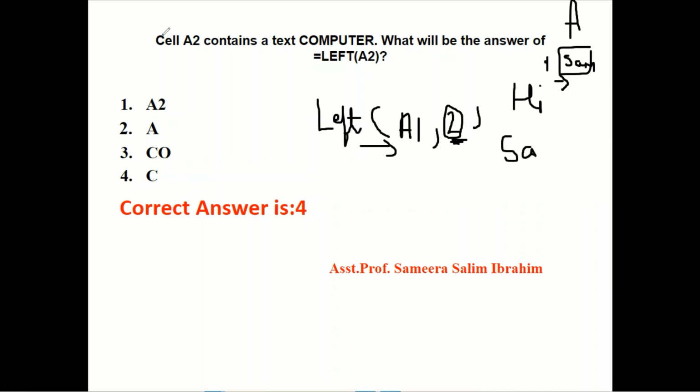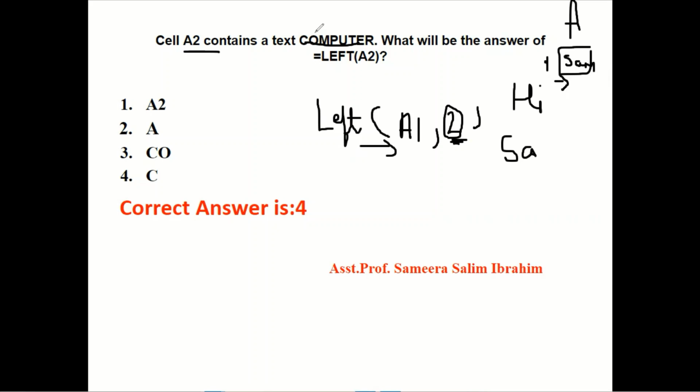Similarly, here they are saying that A2 contains the text computer. A2 is a cell which contains the text computer. What will be the answer for LEFT A2? Here you can notice that the number of characters is not mentioned. So what is the LEFT function going to do?